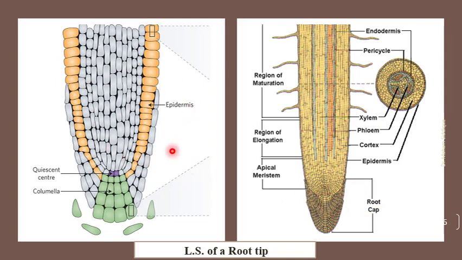And in this diagram, you can see the light mustard shade indicating the epidermis, and the center of the root cap consists of some constant structures called columella. This is the quiescent center.